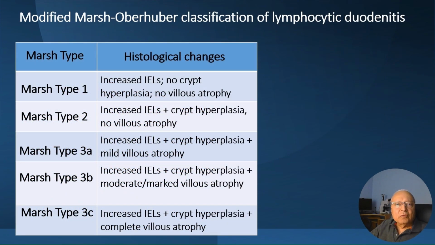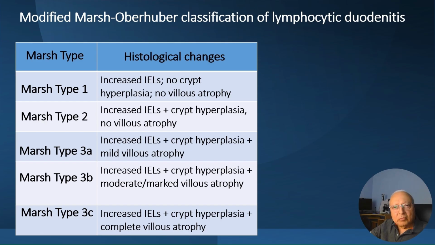The degree of lymphocytic duodenitis is graded, as originally described by Michael Marsh from England in the late 1990s, and this was later modified in the late 1990s. It's now called the modified Marsh grading system, where there's a type 1 through type 3C.